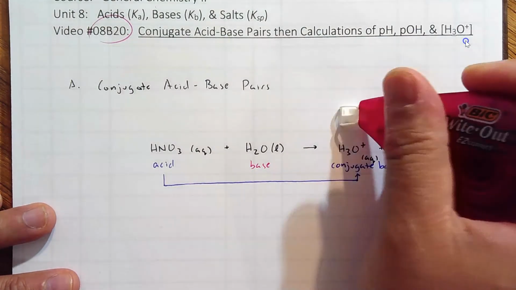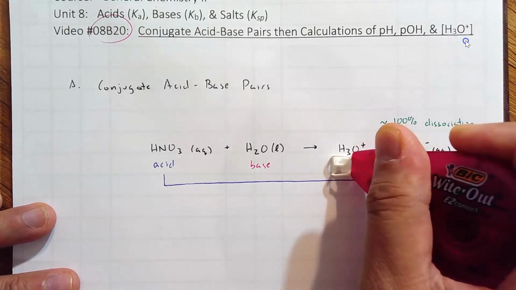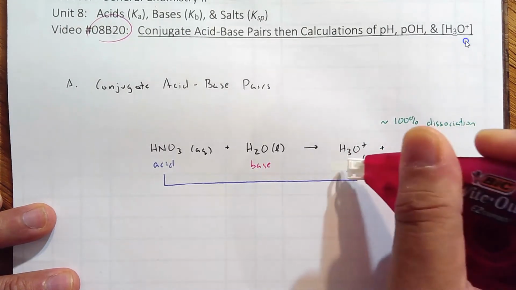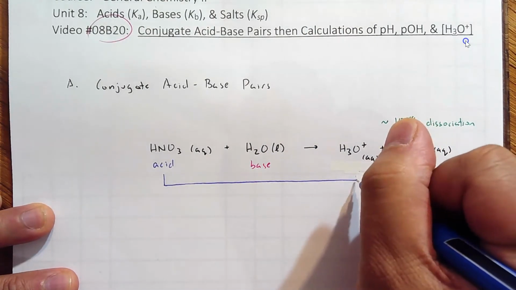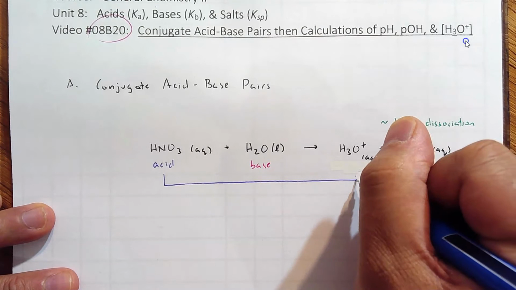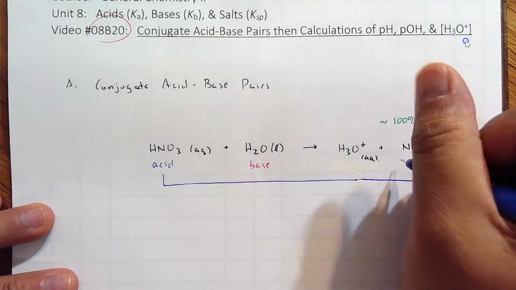That's not the conjugate base. Gotta keep going. My bad. HNO3 loses its proton and becomes NO3 minus. That's the conjugate base.